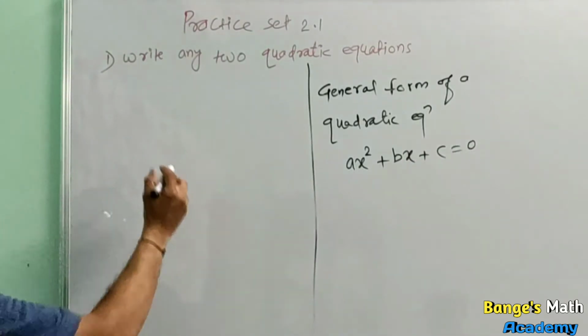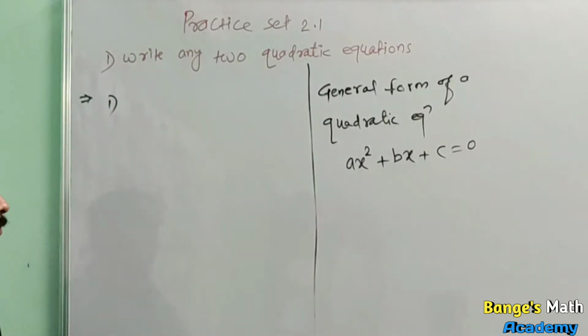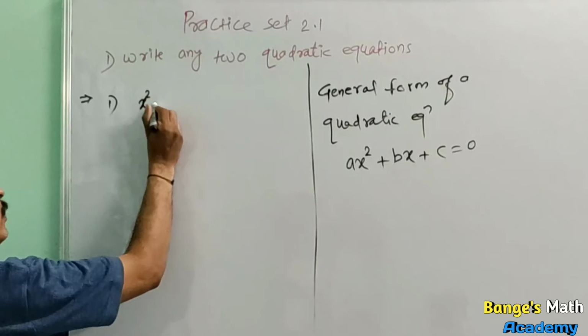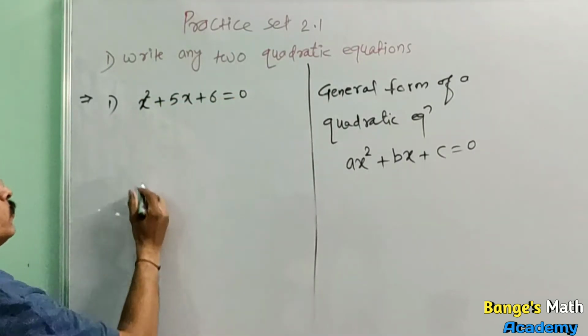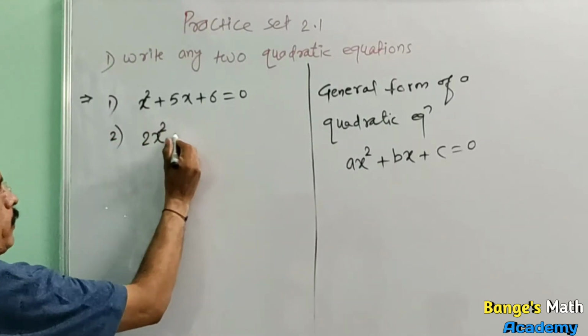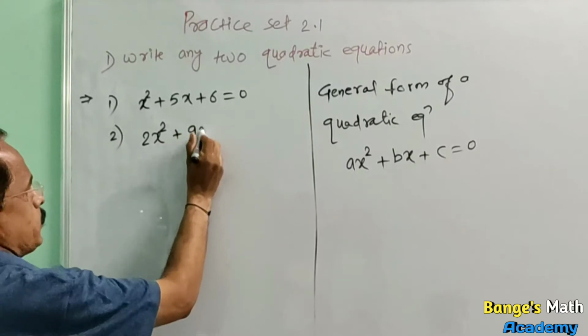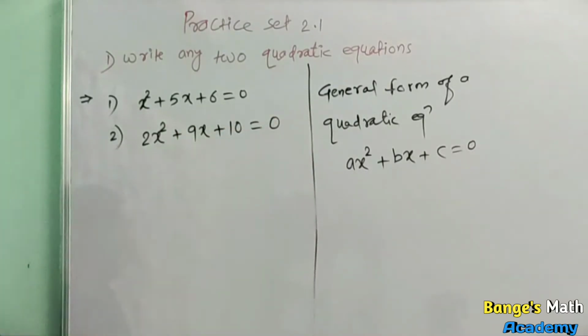So we have to write down any two quadratic equations. Write x square plus 5x plus 6 is equal to 0, and 2x square plus 9x plus 10 is equal to 0.